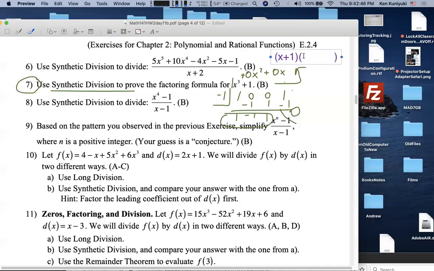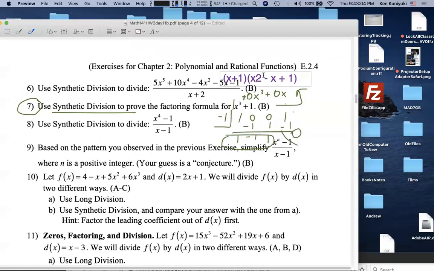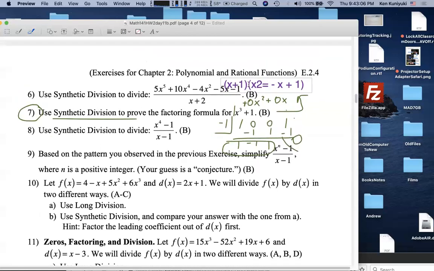What do we get based on those numbers? X squared minus x plus 1. And notice this would follow the SOAP rule.